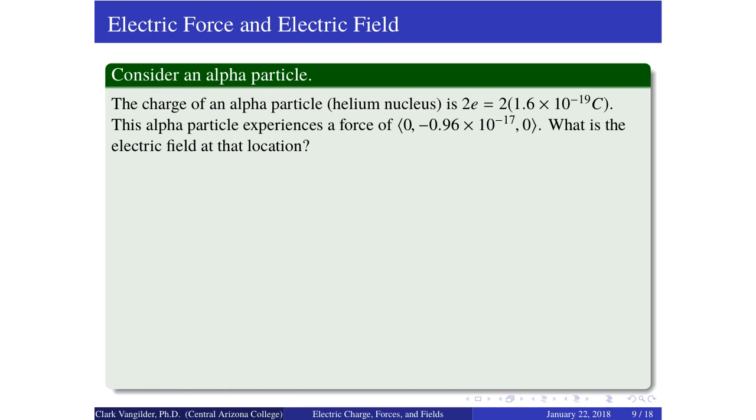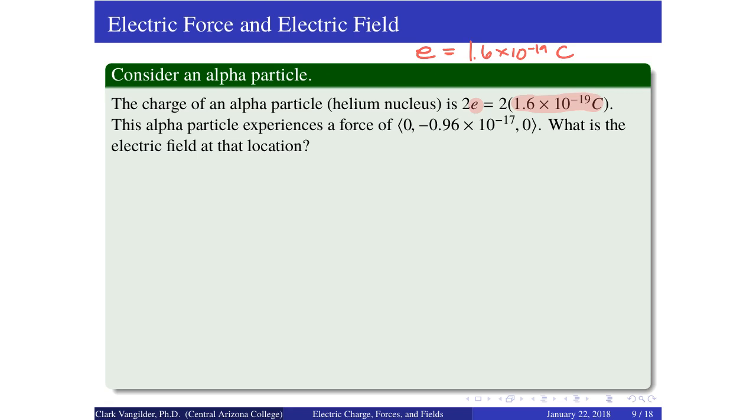In case you missed earlier, e, the fundamental unit of charge, is 1.6 times 10 to the minus 19 coulombs. Protons and electrons have that fundamental charge. Protons are +1, electrons are -1 of those.